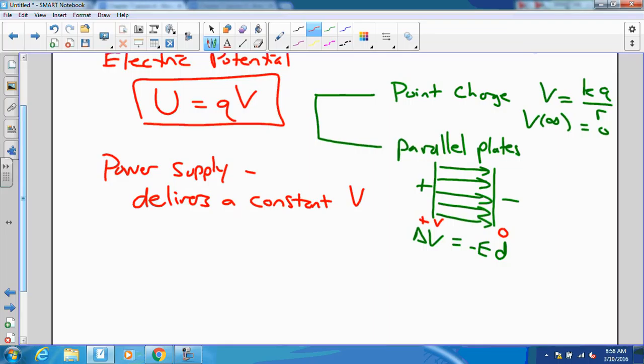Okay? So what if I asked this important question? What is the shape of a line that is at, say, 3 volts? What if I wanted to find all the points on this paper that are at a 3 volt potential? Well, I could do it. It would be a little bit tedious, but not too bad. 3.6.